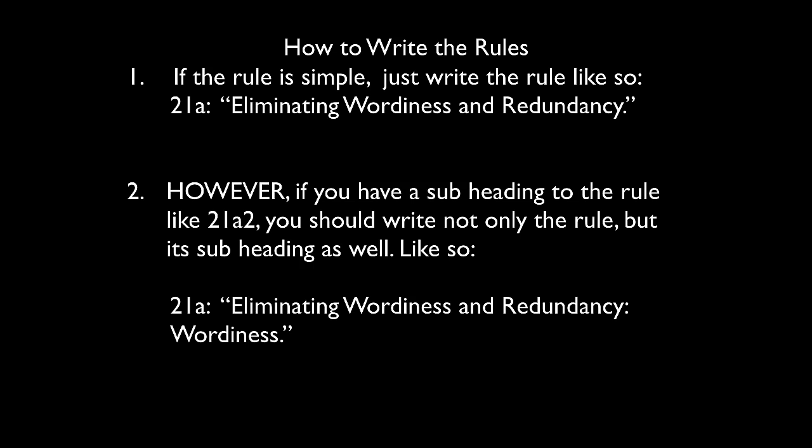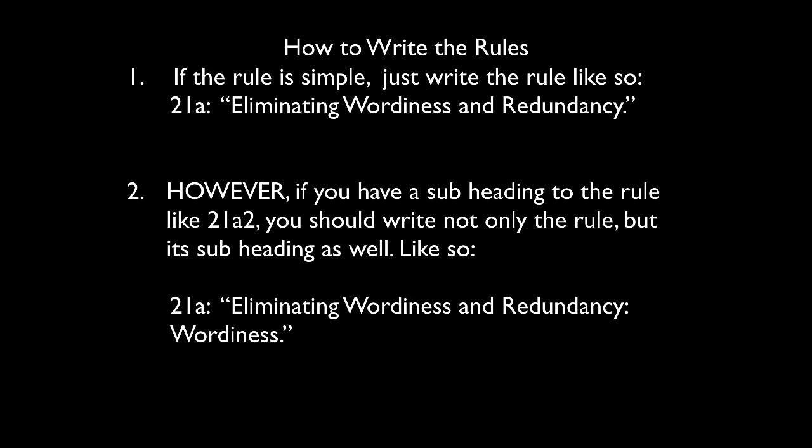Now, how you write the rules. Those of you who've had me before, notice this will be a little bit different. If the rule is simple, just like a 21A, you write the subheading: 21A, eliminating wordiness and redundancy. That's what you're going to find on the 21A heading. However, sometimes I'll give you a subheading, which is more specific to a particular mistake you've made.